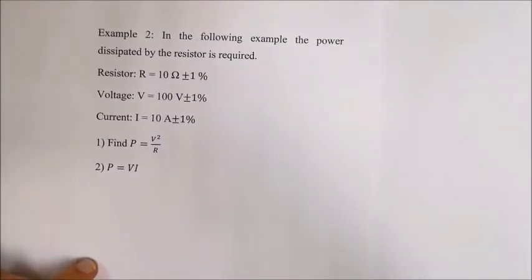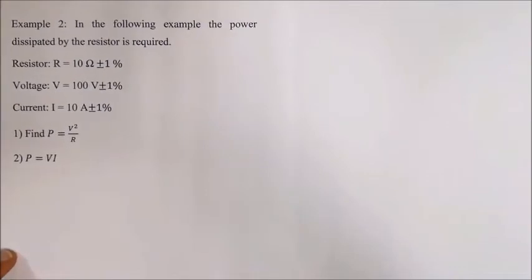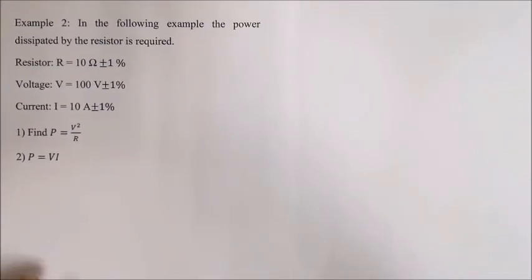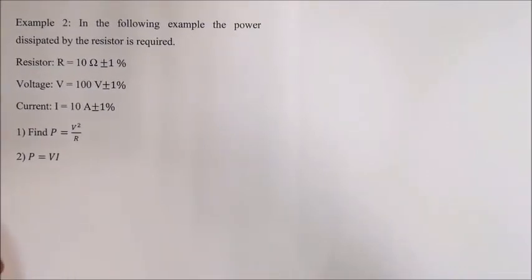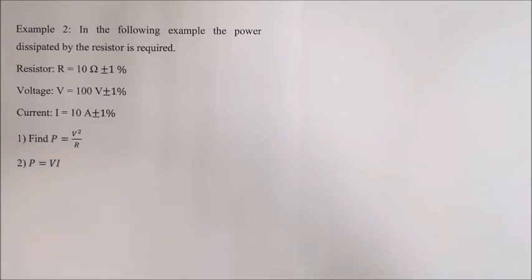Let's look at another example. In this example, the power dissipated by a resistor is required. Again, we're told that the resistance value is 10 ohms plus minus 1%. We've got a voltage which is 100 volts plus minus 1%, and a current which is 10 amps plus minus 1%.